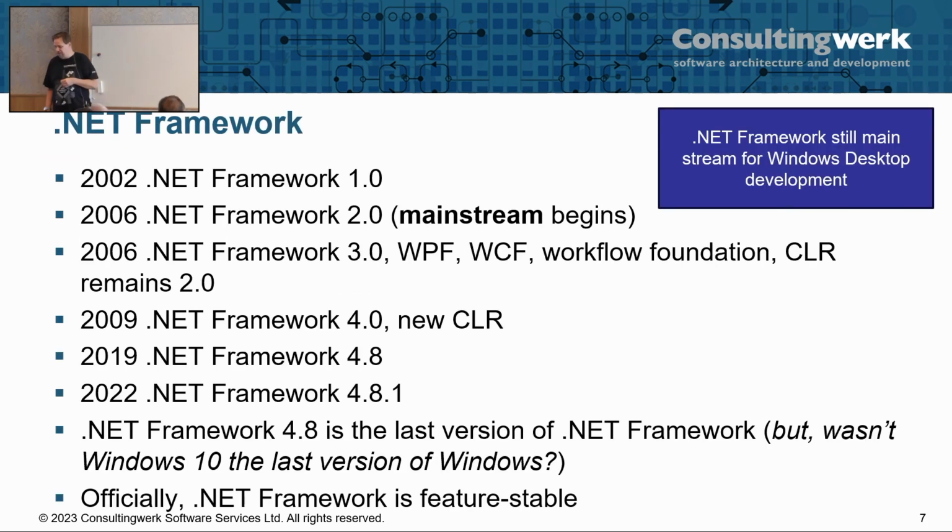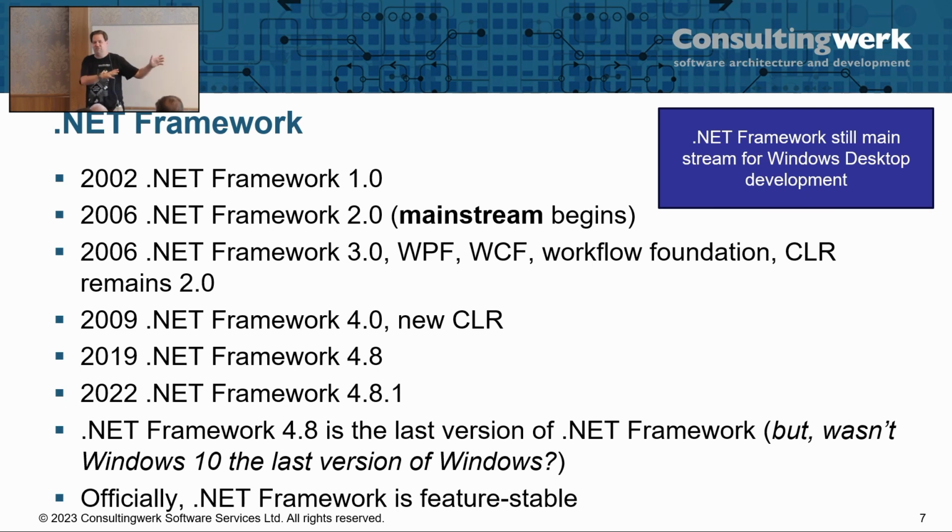So when we look at the history of .NET, and I think I say it on the next slide, don't shoot the messenger, it gets a little bit confusing. .NET was started with version 1.0 in the year 2002, and was basically a result of Sun disallowing Microsoft to customize the Java runtime for Windows.